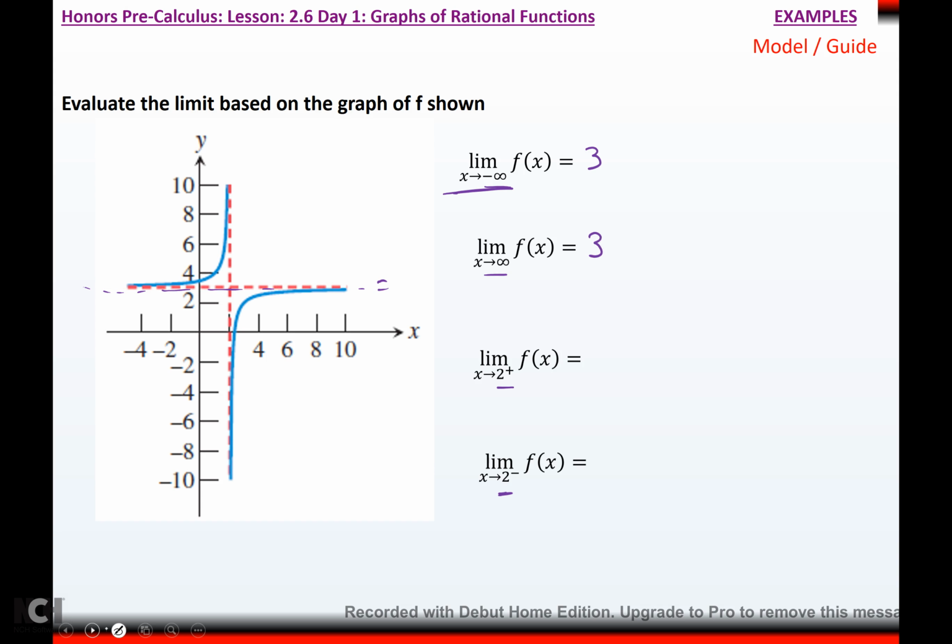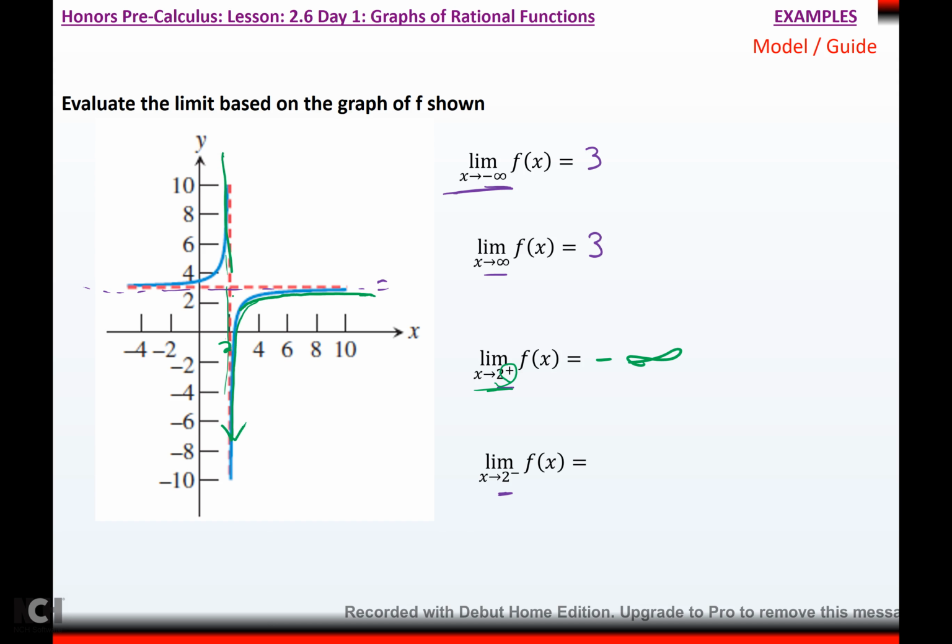Okay, now to do my limits, this says the limit as x approaches 2 from the right. So I'm approaching 2 on the x-axis, but I'm approaching it from the right. So I've got to trace this one. If I approach 2 from the right, as I get closer and closer to 2, this function is going down and down and down. So the function is heading towards negative infinity.